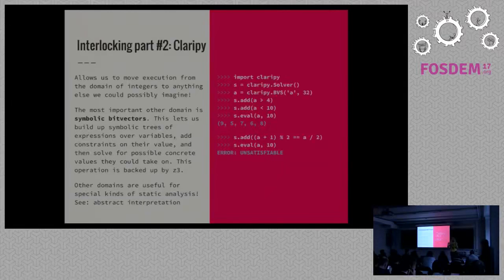Then you can reason about, well, what if there were a constraint saying that this value must be greater than this value, and you just say that that is an assertion over the current program state. Then once that assertion is in place, you can use an SMT solver such as Z3 in order to reason about additional values that therefore must be a certain value given this constraint. So Claripy is the abstraction layer that allows us to reason about bit vectors as well as integers as well as any number of domains that we will sometimes choose to use for static analysis.